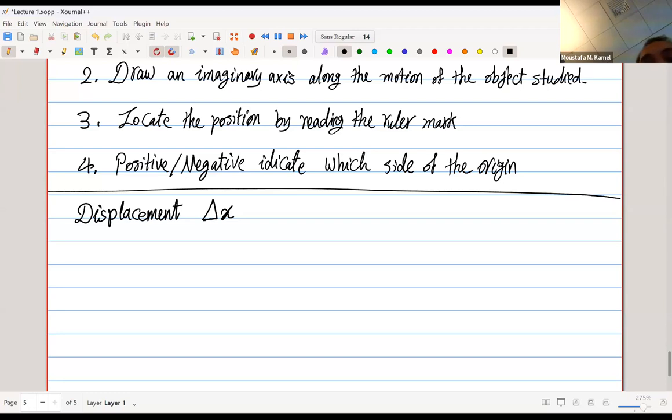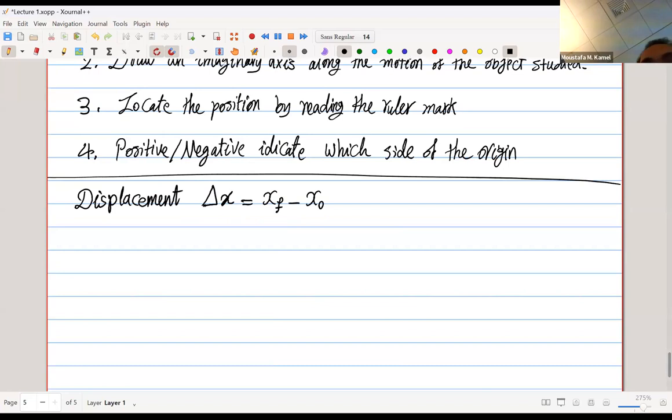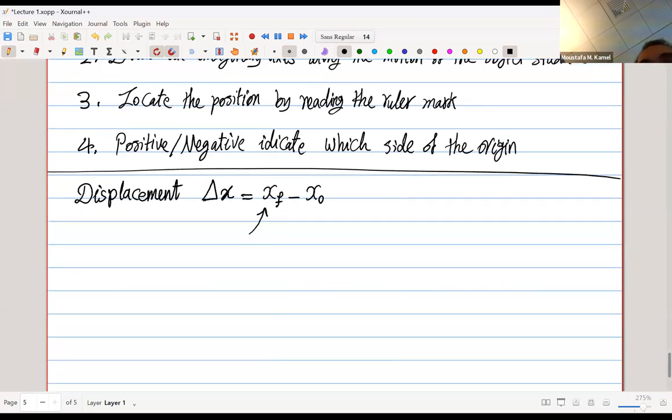So delta x is defined as x final minus x naught, or x initial, but I'm just using the convention of our book. So this is the final position, and we explained what position is above, and x naught is the initial position, right?